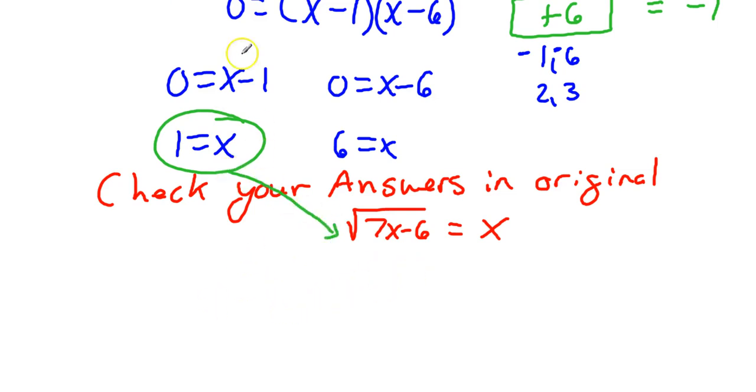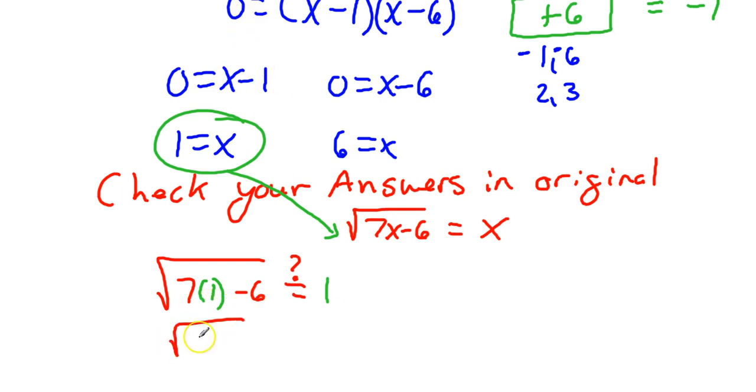So we've got the square root of 7 times 1 minus 6. And then the question is, does that equal 1? Well, 7 times 1 is 7. 7 minus 6 is 1, so does 1 equal 1? Yeah, square root of 1 equals 1, right? So that one's good, so it does work.